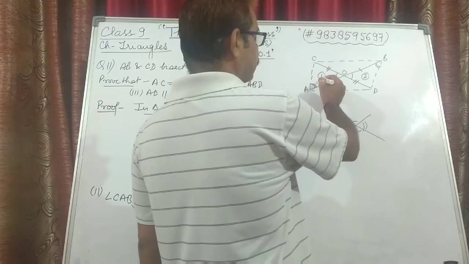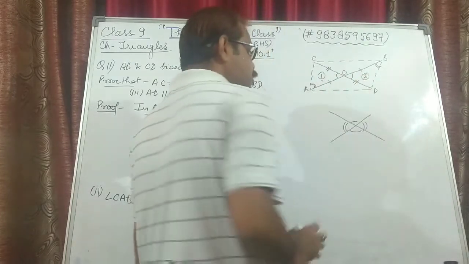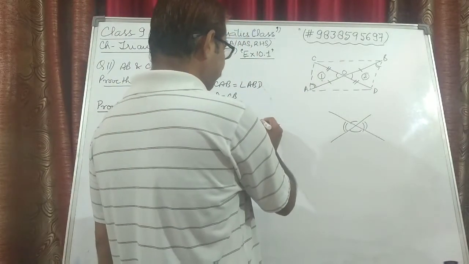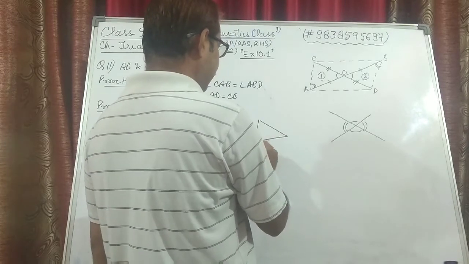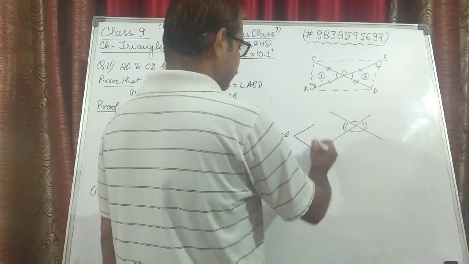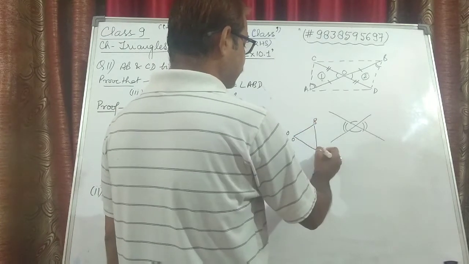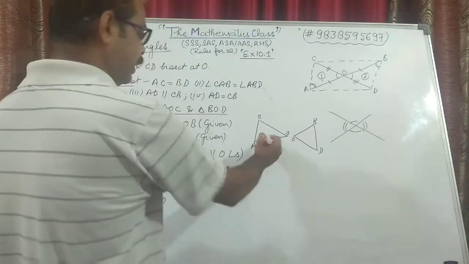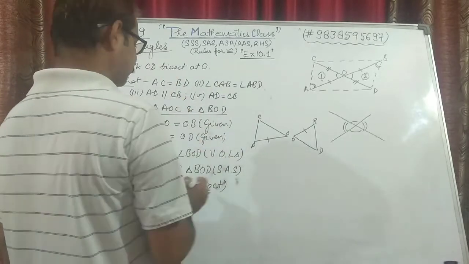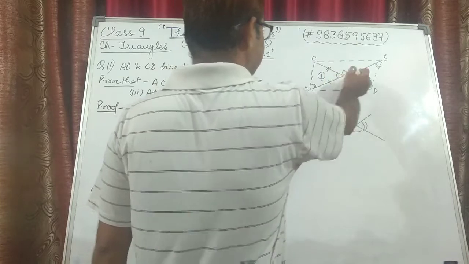Now if all the elements of triangle 1 and triangle 2 are equal, it means corresponding elements. Let's make a separate diagram. This is the first triangle AOC, and this is the second triangle that we have proved, OBD. We have said that AO is equal to OB since it was given, because they say that O bisects AB. So this and this will be equal.